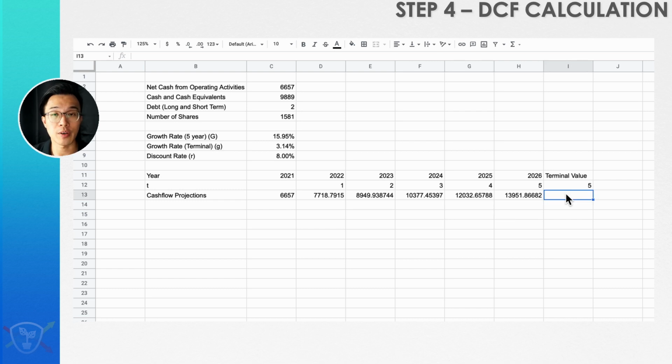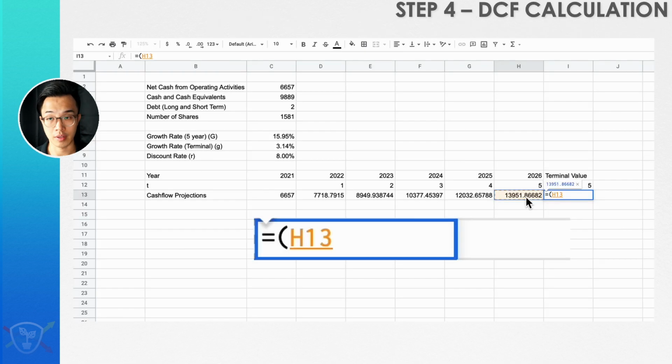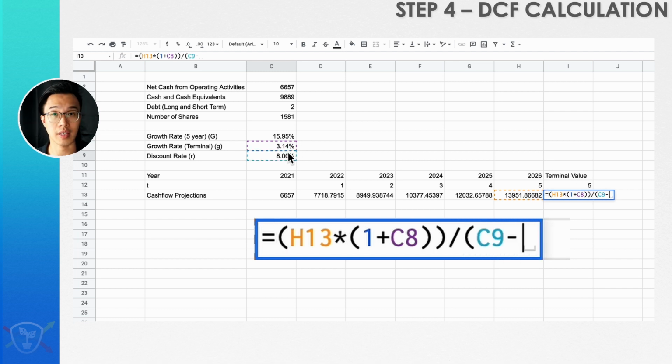To calculate the terminal value, we're going to be using the Gordon Growth formula. So basically, this is the formula right here, using the 5th year's cash flow projection times 1 plus the terminal growth rate, and then we divide this by the discount rate minus the terminal growth rate.